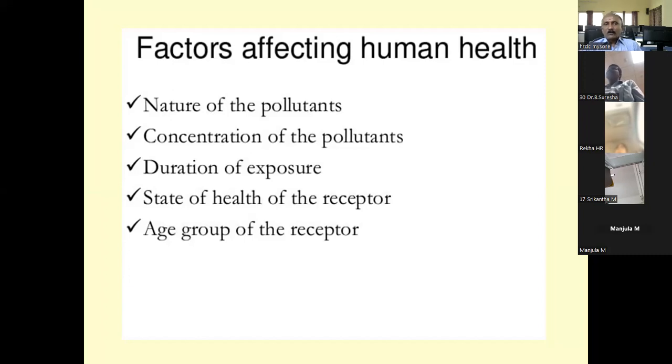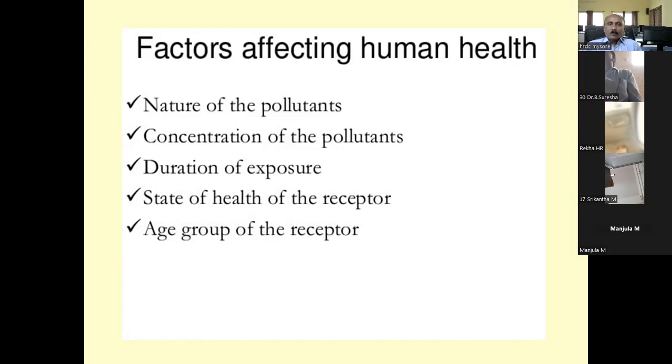Those factors include, number one, the nature of the pollutant, then the concentration to which health hazards result. How much is the dosage or the quantity of these pollutants that is taken in or that comes in contact with the external surface of the body. So, concentration of the pollutant is another factor which affects human health.